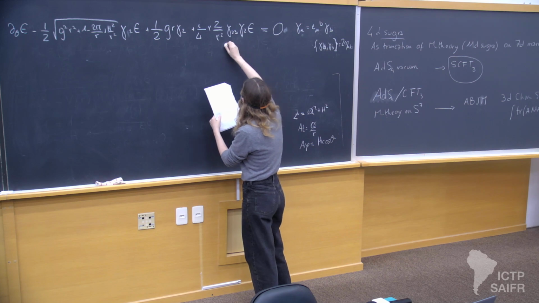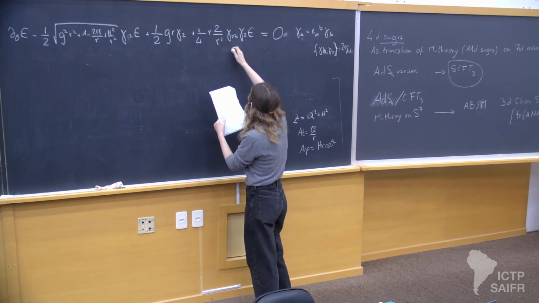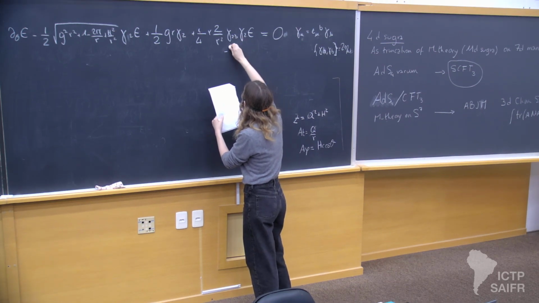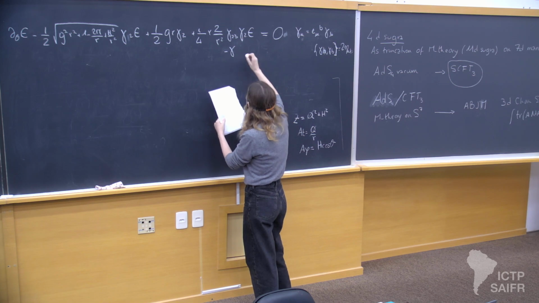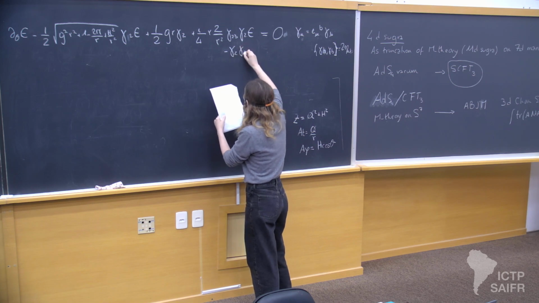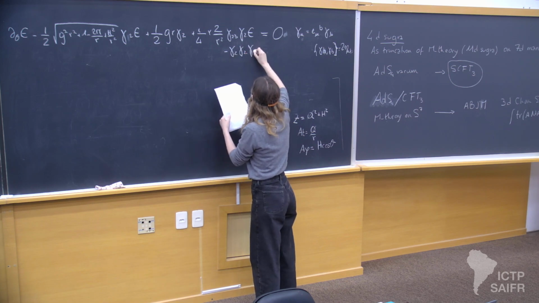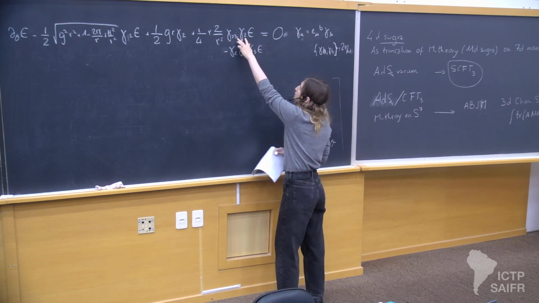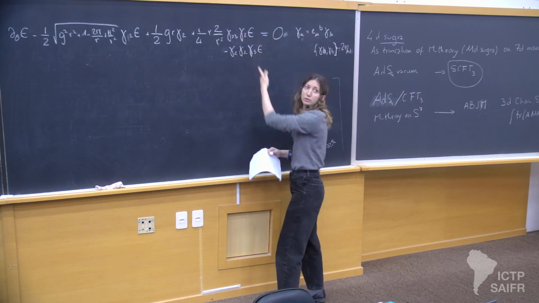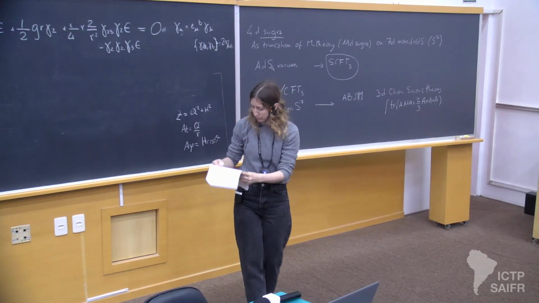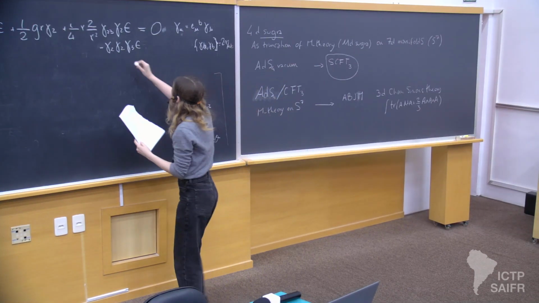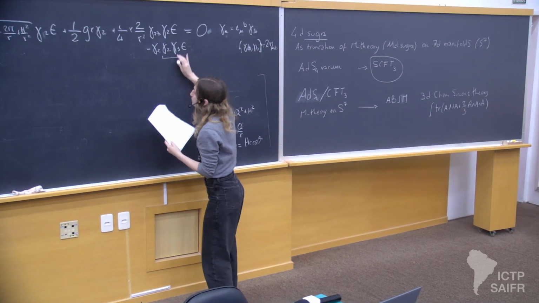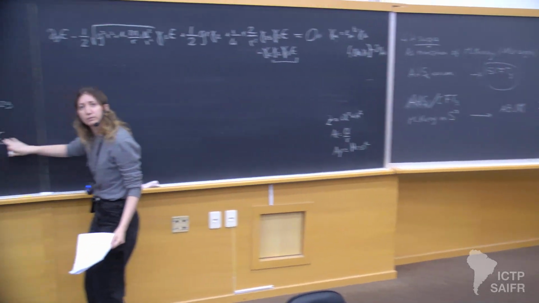Again, we use the anti-commutation relation for your gamma matrices to give gamma 2, gamma 3, epsilon. Here I just switched the order of these two matrices because again they anti-commute. And then here I can use this projector here, right?